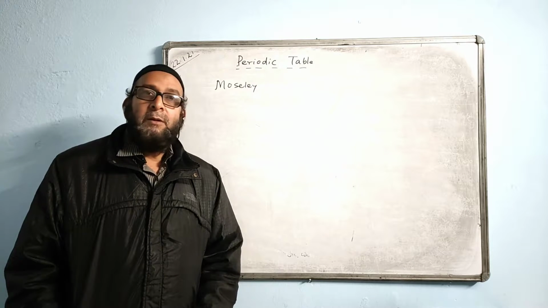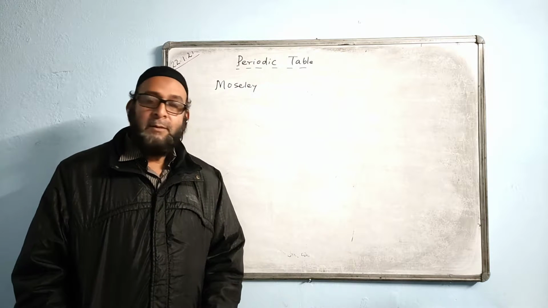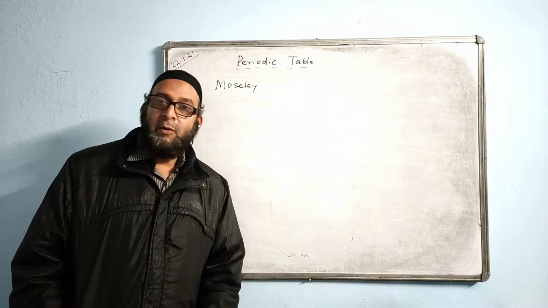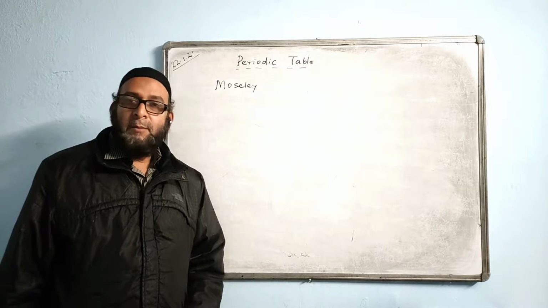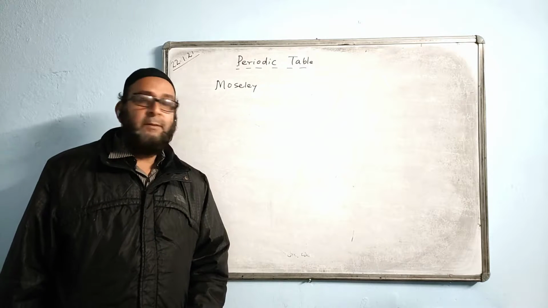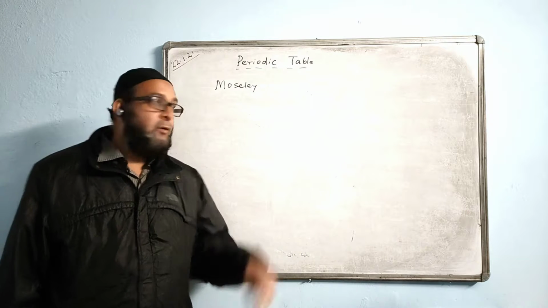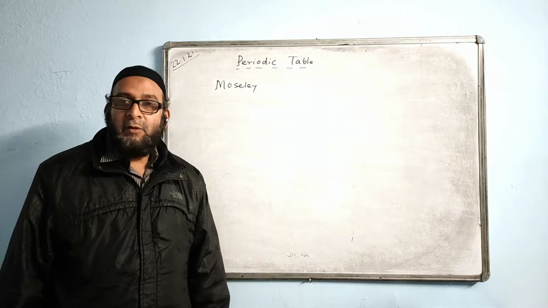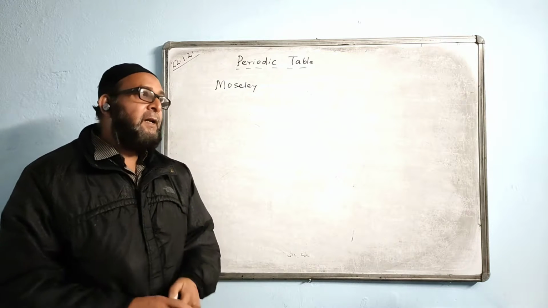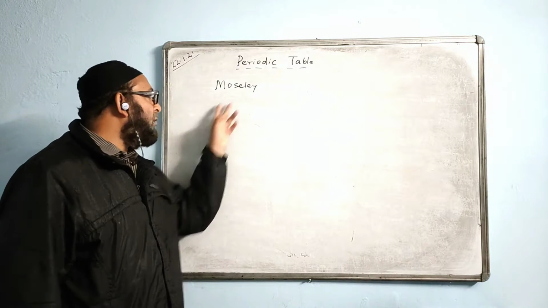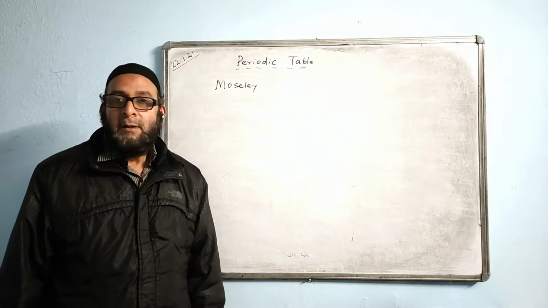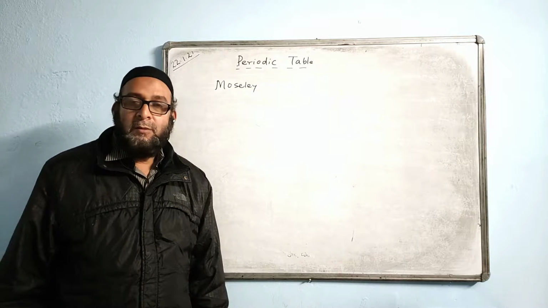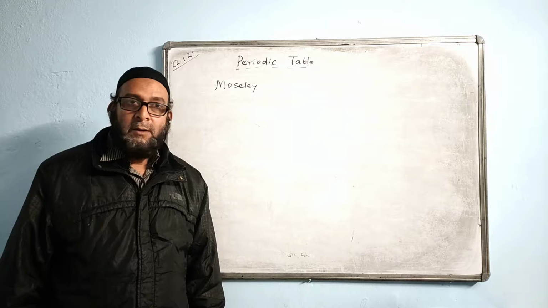In the modern periodic table, there are 7 horizontal rows. They are called periods. There are 18 vertical columns, and they are called groups.